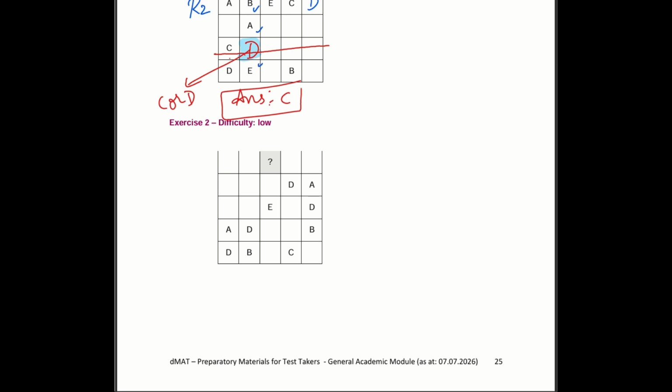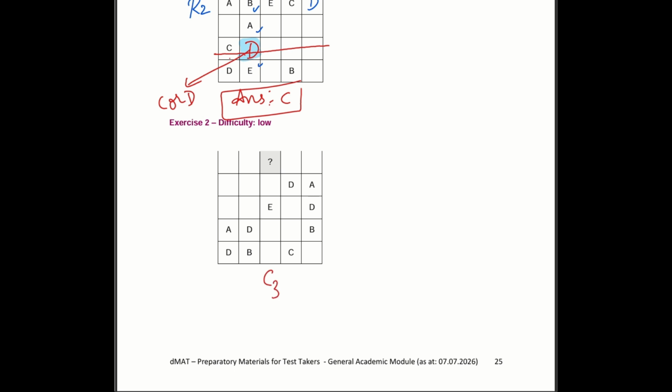Fill the column with the maximum letters available. But here there are three, three, here two, two, four. Four boxes are not filled in any row or column.